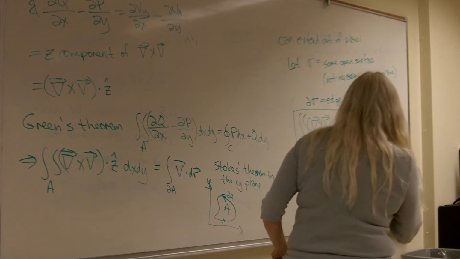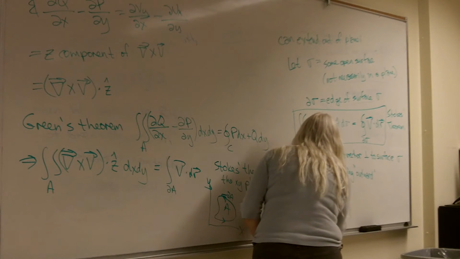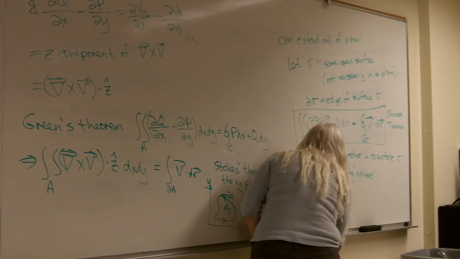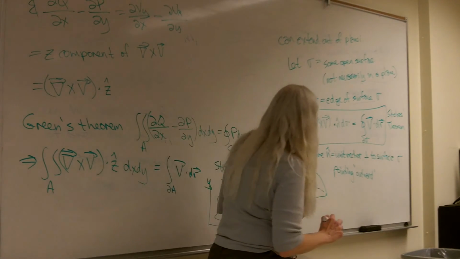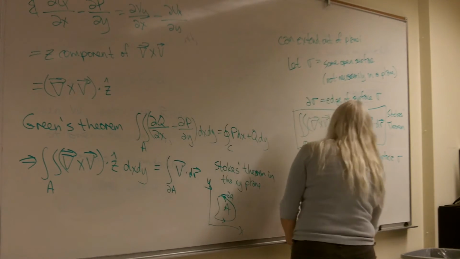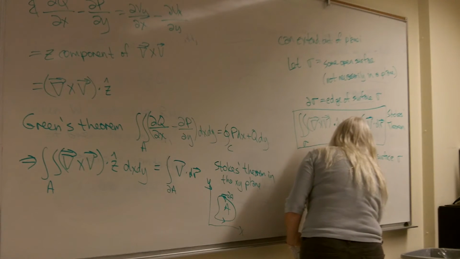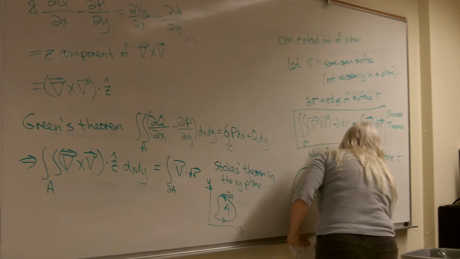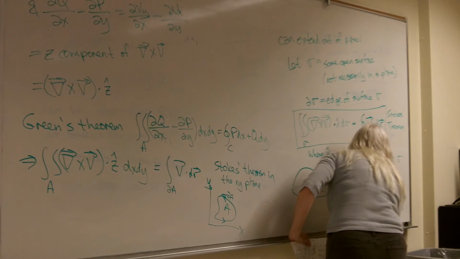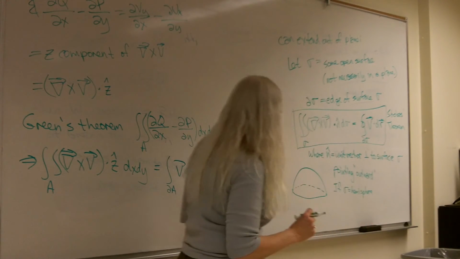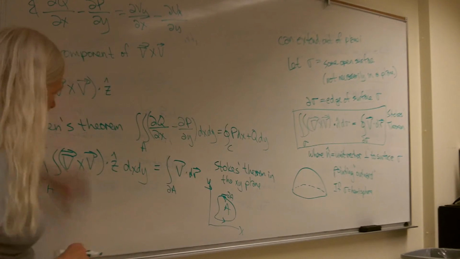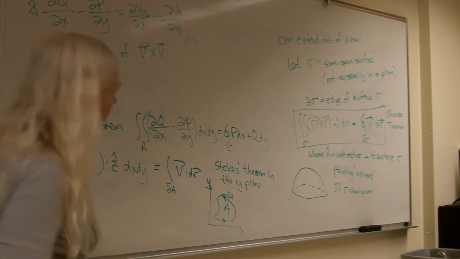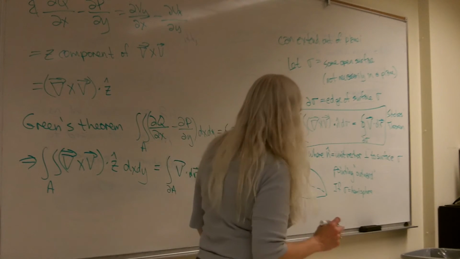So, for example, you could have, like I said, maybe a hemisphere. Right, there's the top half of a sphere. So sigma could be this hemisphere. Again, it's not a flat surface like we originally had for our original version of Stoke's theorem, but we can still use Stoke's theorem for this.